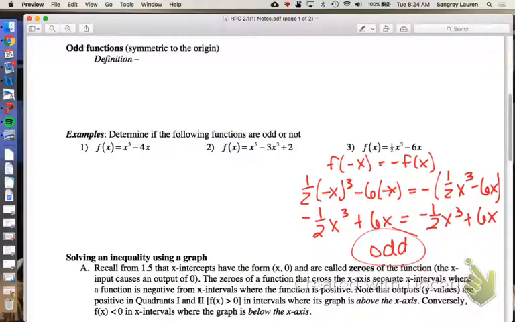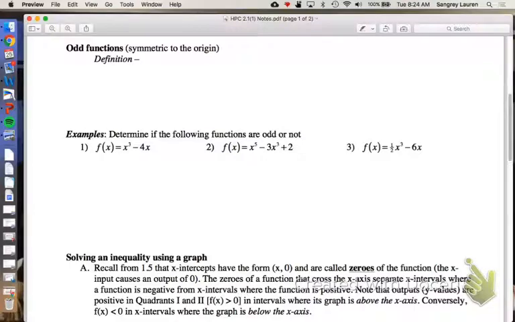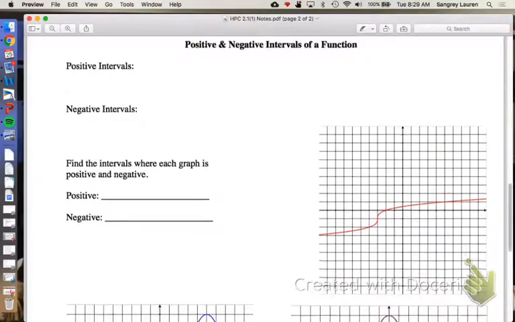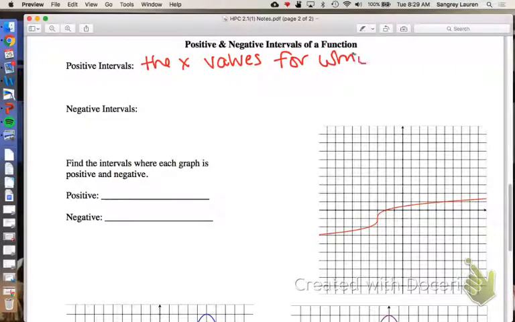Great. All right. On the back, we're going to start to look at positive and negative intervals of our function. And we're going to be using interval notation. All right, so our positive intervals are the x values for which y is positive.